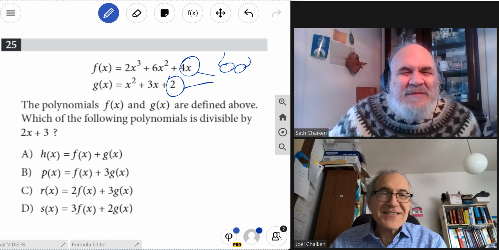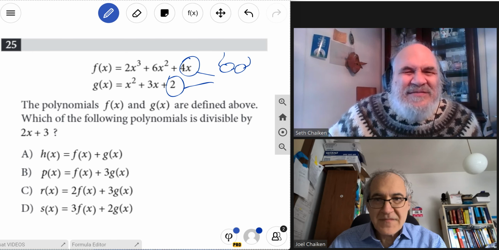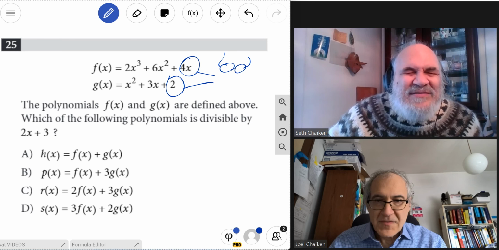Wait, Seth. I got scared by it until I noticed that there is a difference between these two polynomials other than f being 2 times g, and that is there's a 4x at the end of this and a 2 here.